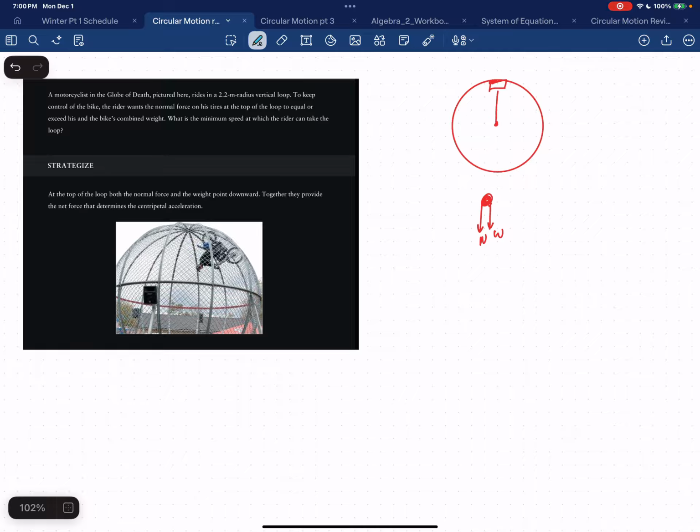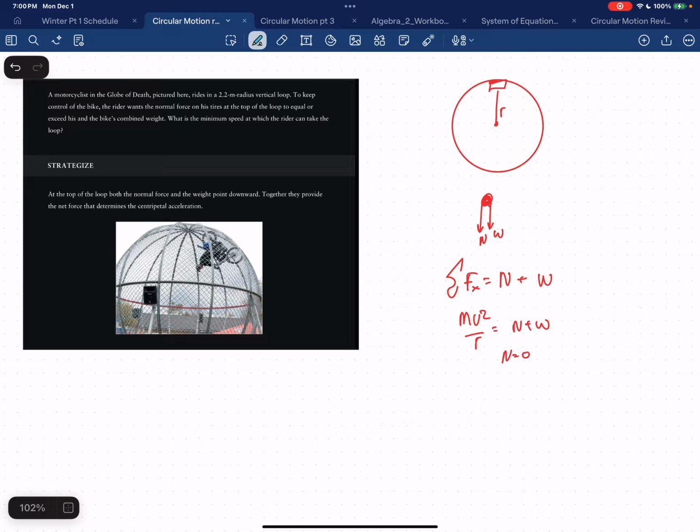And don't forget we have an r there. So, the sum of forces in the x direction is going to be N plus W. And I know I'm accelerating, so it's going to be mv squared over r equals N plus W. Now I know that the minimum speed at which the rider can take the loop is when N is equal to 0.